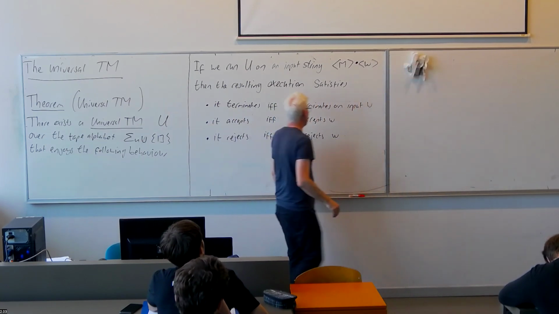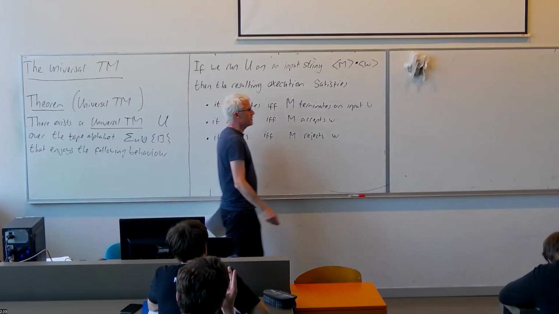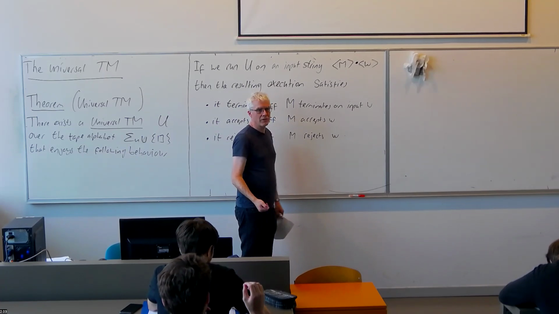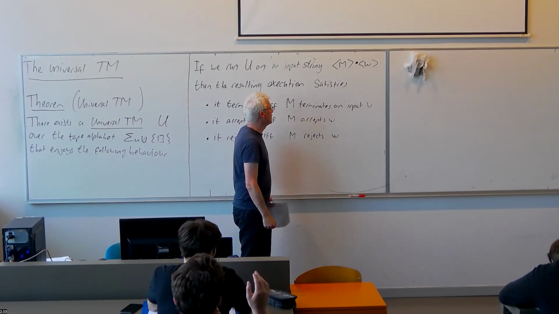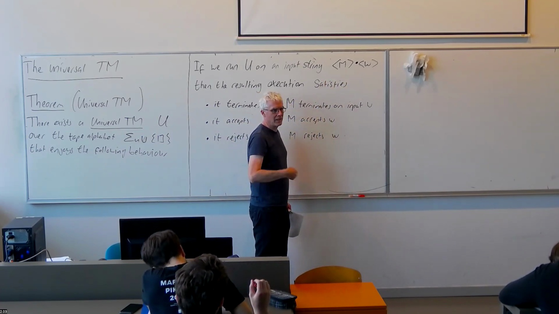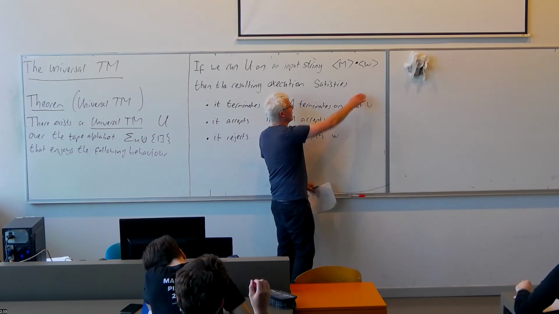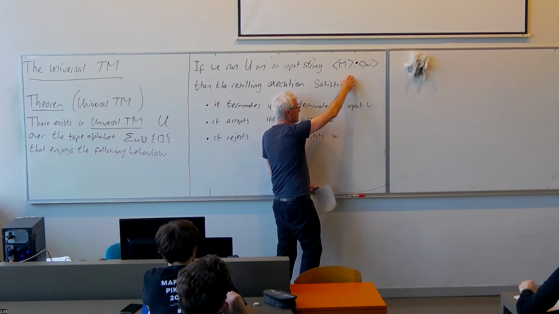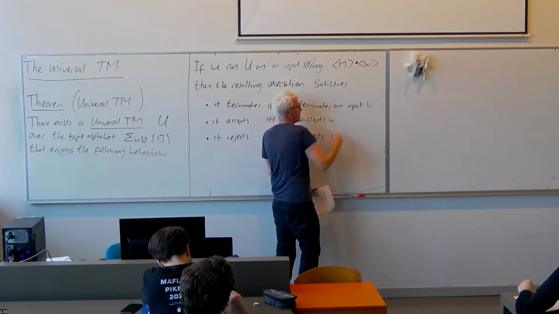It's universal in the sense that it's able to simulate the behavior of any Turing machine. If you've got a Turing machine M and you want to simulate the behavior of M on whatever input, you give it the word encoding M as an input, and you give it the word coding the input of M, which is the second part of the input.